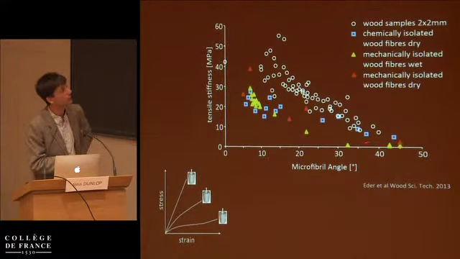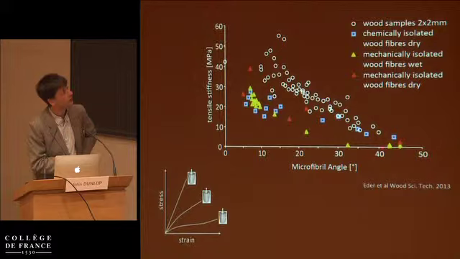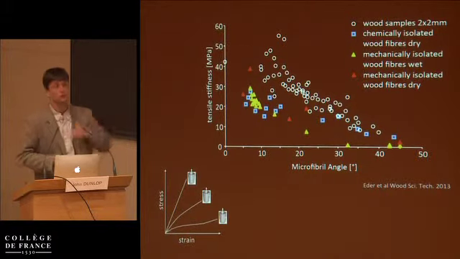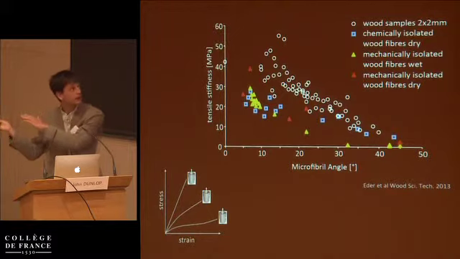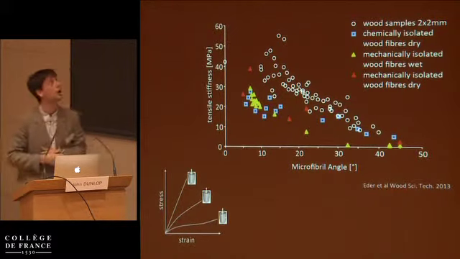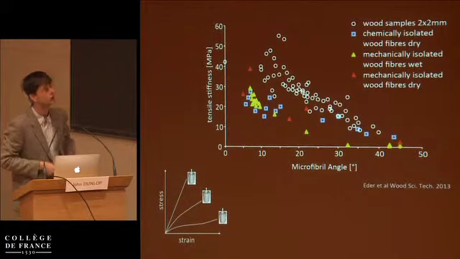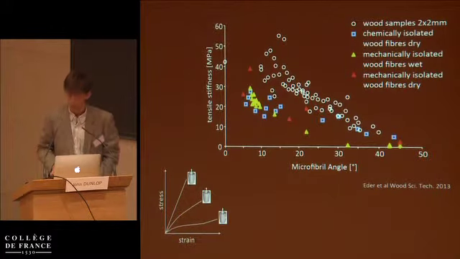But what's also plotted here are individual wood cells. And you see that there's a very clear trend here: if you have high microfibril angles, so if we do the arm waving thing again, so angles like this compared to the longitudinal axis of the cell, you'll have low stiffnesses, and high stiffnesses for low microfibril angles.